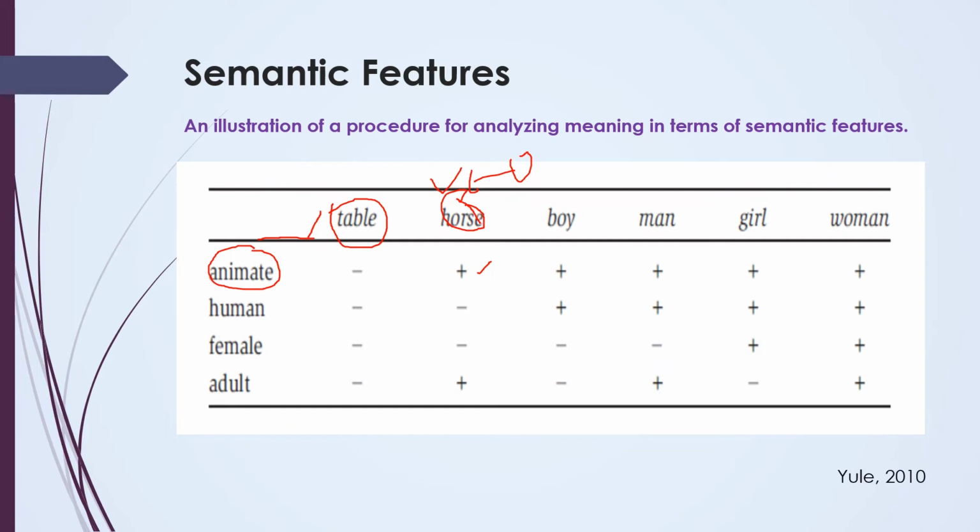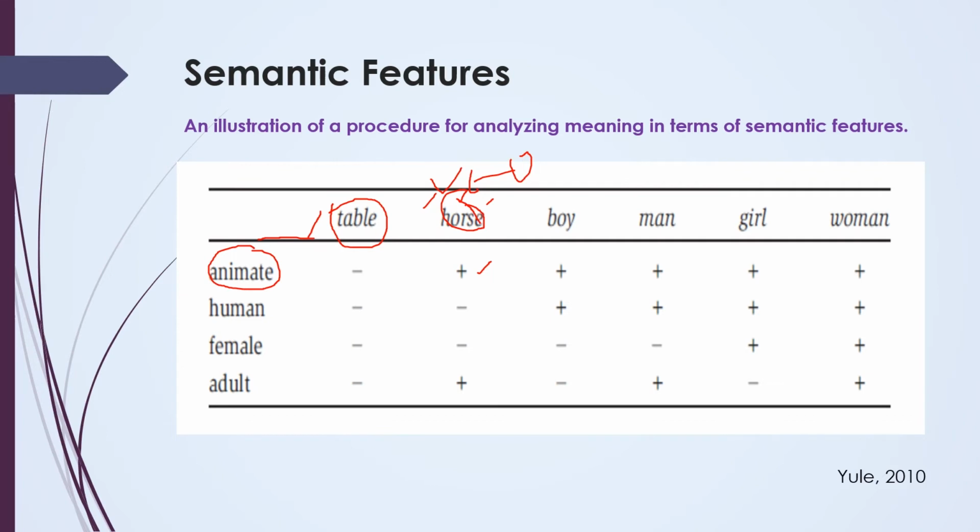Now, this is another tricky one. We have horse. We know horse has a female version, but if we are referring to the female version of horse, we will not refer to it as horse, rather we will refer to it as mare, M-A-R-E. So if we have that kind of sentence, we will replace the word horse with mare.